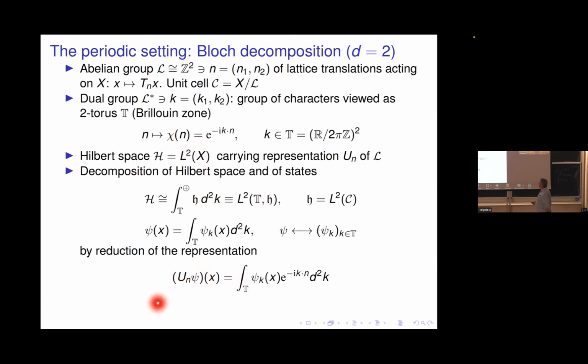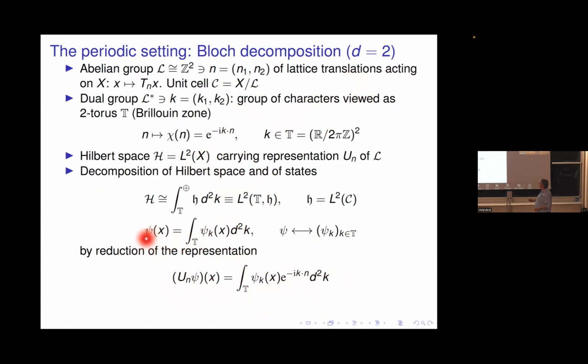Well, you have this representation of the translation group on the Hilbert space, and you just decompose it into irreducibles, one for each character, therefore one for each k, as long as it fits on the torus. And on each subspace, it's just multiplication by the character, e to the minus i k. So that's the reduction of the representation.